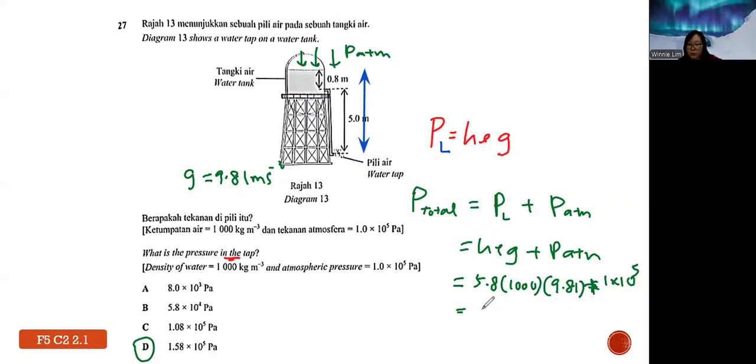If you use that, you will have 1.5689 times 10 to the power of 5, but the closest answer is D, because A, B, C are already too far from it. But let's say you have the option 1.57, you should choose that one.